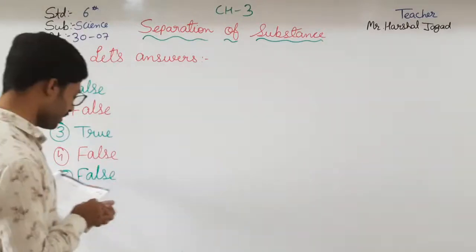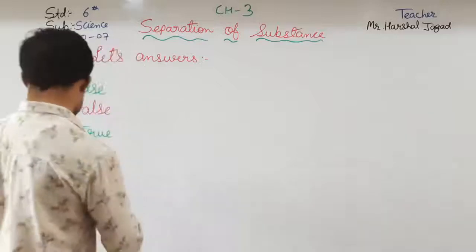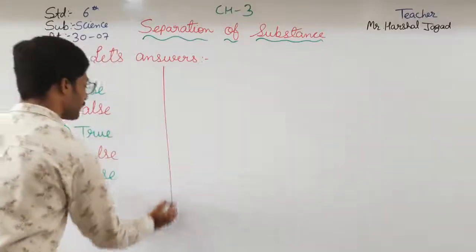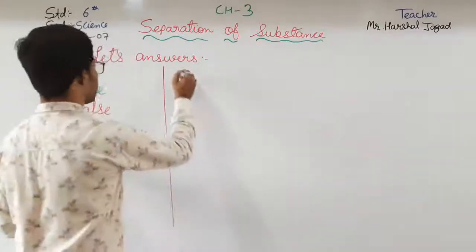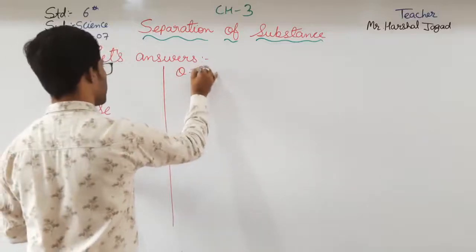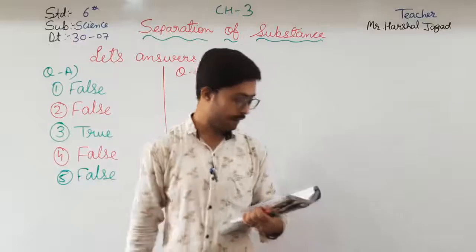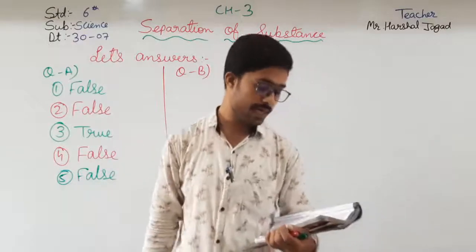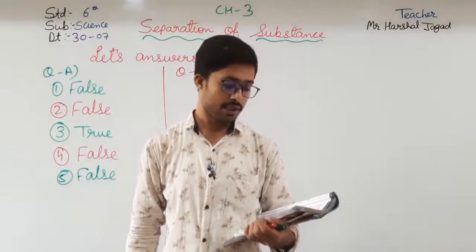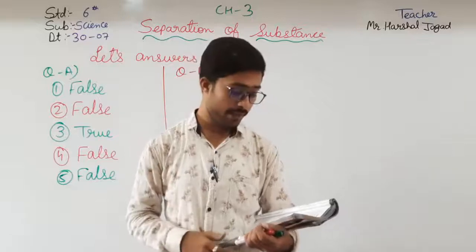Moving towards question number 2, question B, fill in the blanks. Small pebbles are separated from sand at construction sites through the process of hand picking or sieving.